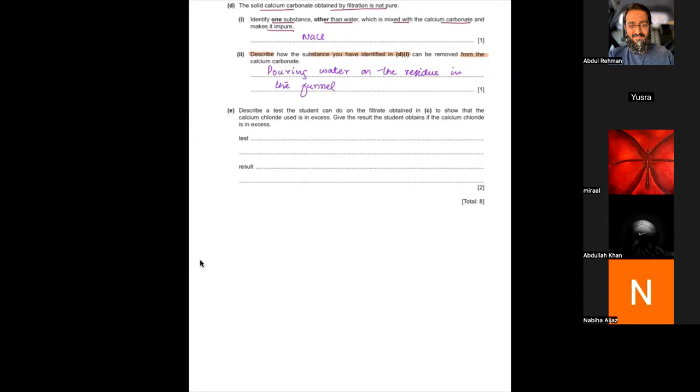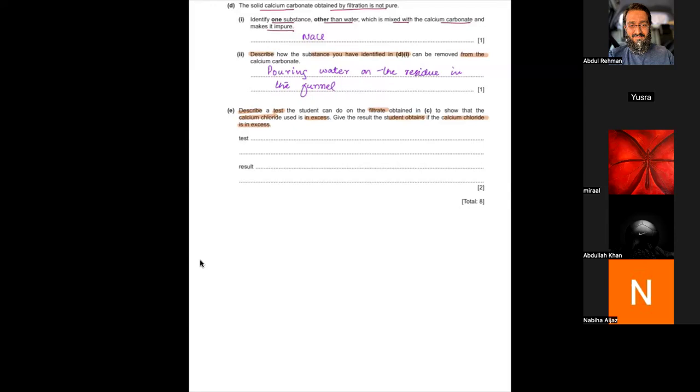Now, next, describe a test the student can do on the filtrate to show that the calcium chloride used is in excess. Give the result the student obtains if calcium chloride is in excess. So if calcium chloride is in excess, it means some of the calcium chloride is left behind, right?